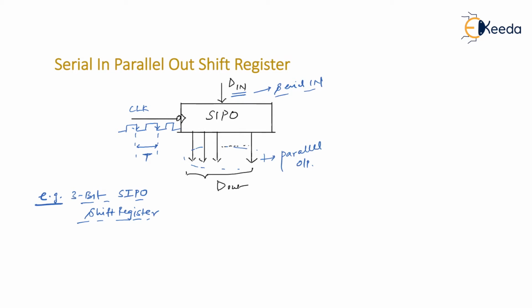Since the type of input is still serial input, to store 3 bits, you still require n clock pulses, yes or no? That is, for storing 3 bits, we can say that 3 clock pulses are needed.